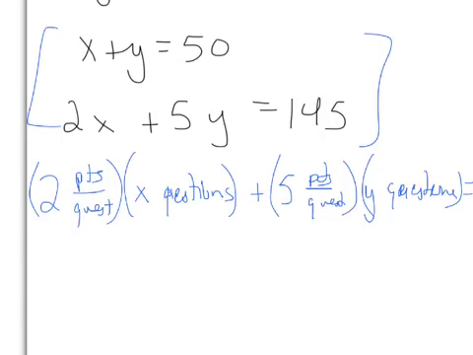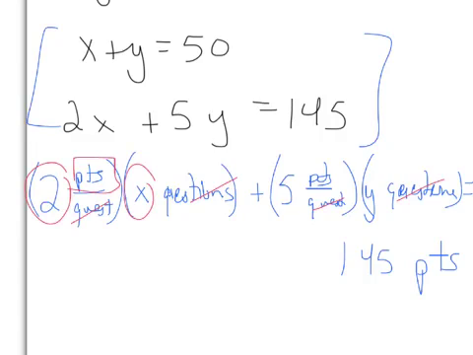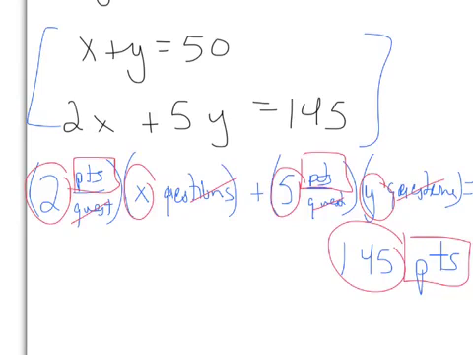And this equals 145, and take a look, 145 units are points. What you'll notice is that questions cancel everywhere. If you multiply 2 times X, the units end up being points. If you multiply 5 times Y, the units end up being points. And the units of 145 are indeed points. So this method can be checked or can be derived from looking at your dimensions.